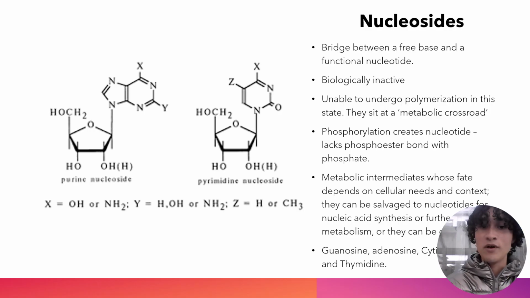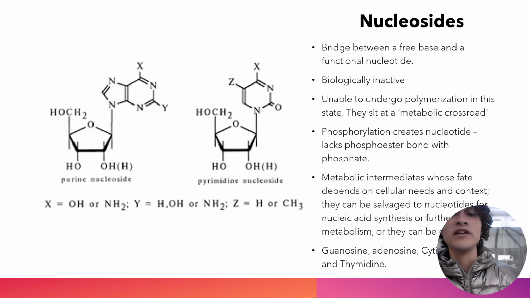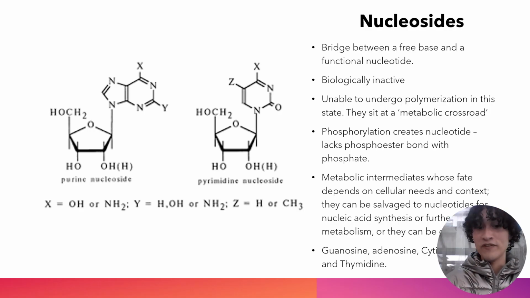Some of them are salvaged, not just for nucleic acid synthesis, but for example, as we'll cover in more videos, GTP, guanosine triphosphate, is really important in signaling pathways, like MAPK signaling pathways. So these nucleosides have a very flexible fate.